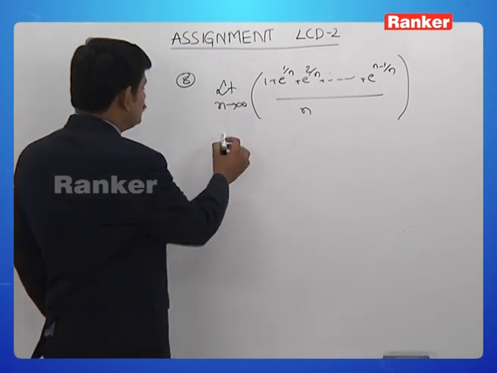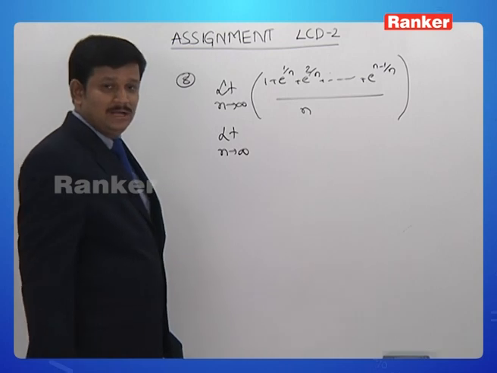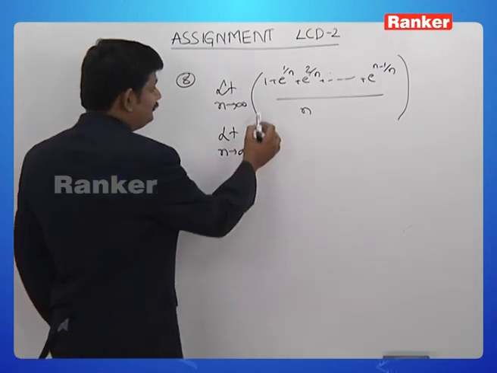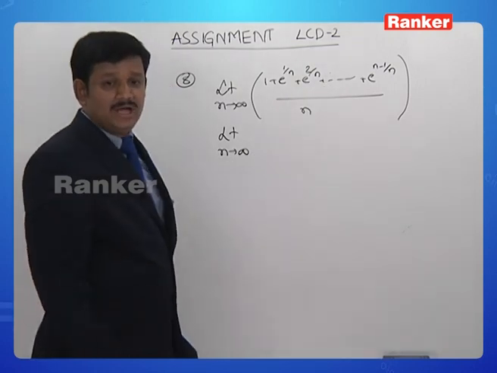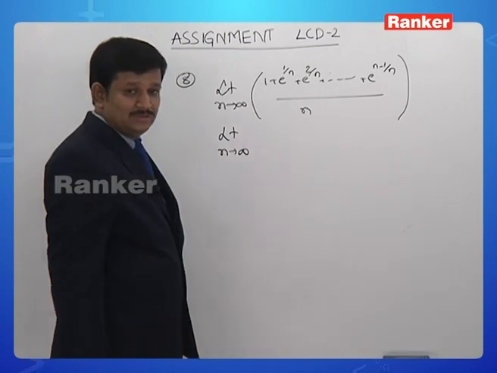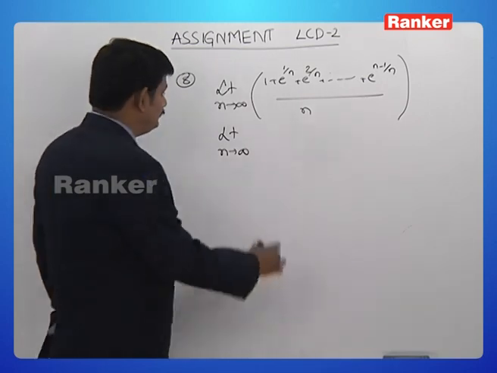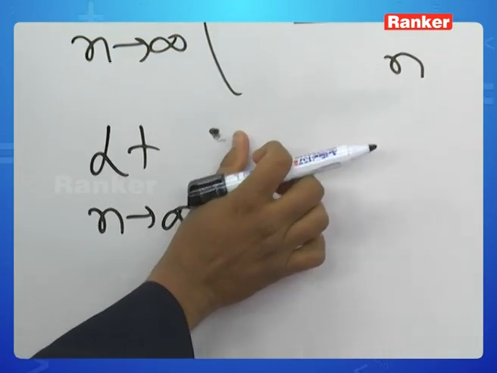So, let us use the formula of geometric progression here and write this expansion as limit n tending to infinity a plus ar square so on up to ar power n minus 1 will be a into, a is first term in the geometric progression, which is 1 here. r common ratio is e power 1 by n.